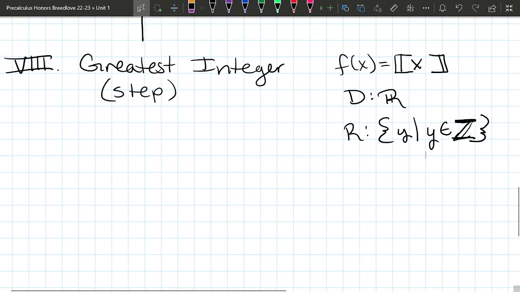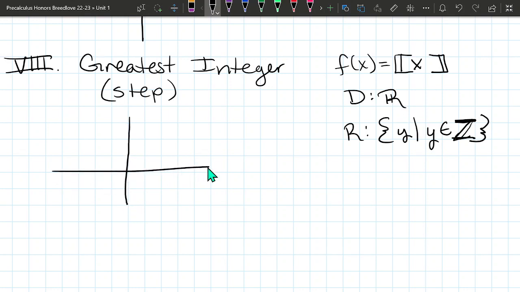Question? So you said y is such that y is an element of integers. So that's why it creates steps, because it's not the decimal numbers, it's just the integer values. So at 0, when x is 0, y is 0, and when x is 0.1, 0.2, 0.3, y is still 0, and then when you get to x is 1, you have an open dot, and you're going to step up to y is 1.